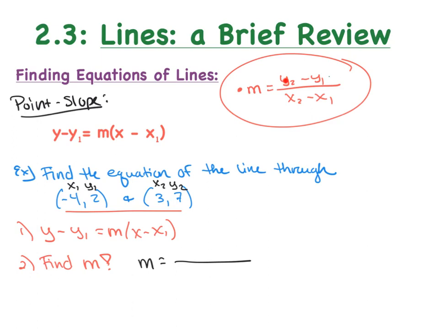So y2 minus y1 would be 7 minus 2. And if we start with the 7 in the numerator for the y's, now we must start with the 3 in the denominator for the x's. 3 minus -4. And if it's an extra negative, I'm going to put parentheses around it. Oh, so what we get is a rather ugly slope, 5/7.